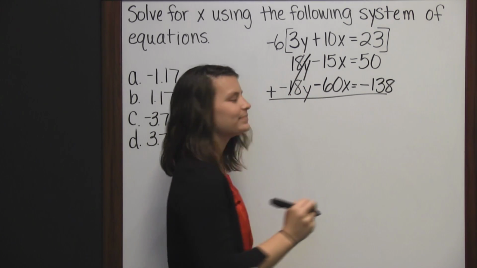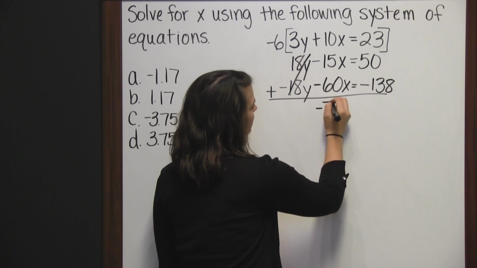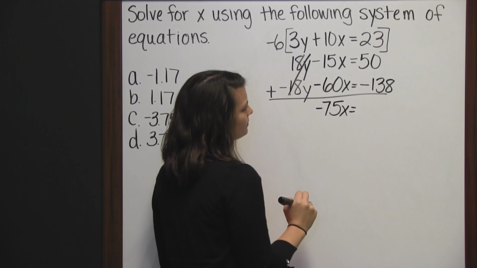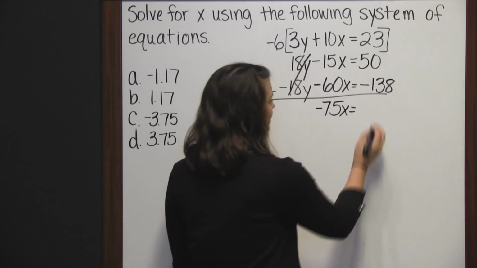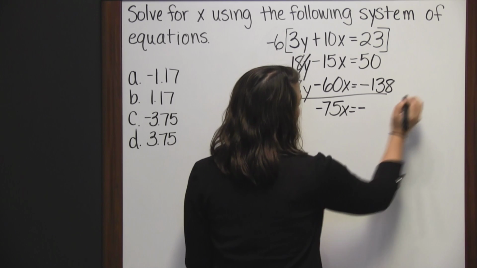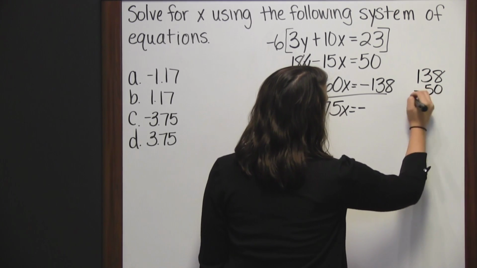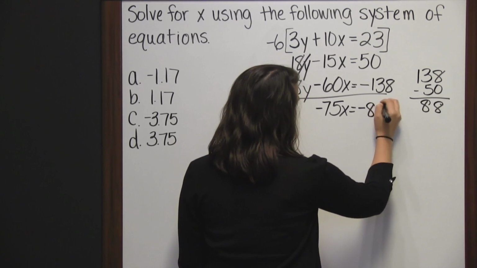They cancel. Negative 15x and negative 60x is negative 75x. Equals negative 138 and 50. When I add those together, I'm going to get a negative, and I can subtract off to the side here. That's 8, and 13 minus 5 is 8, so negative 88.